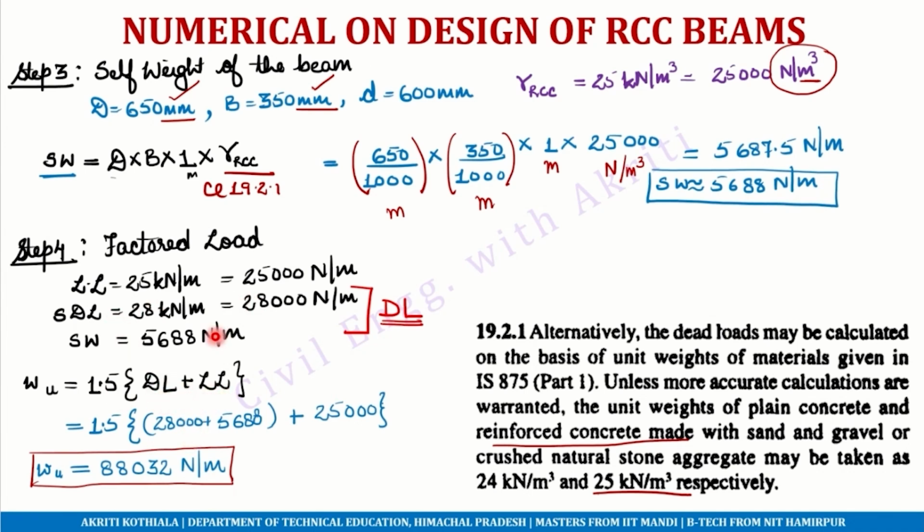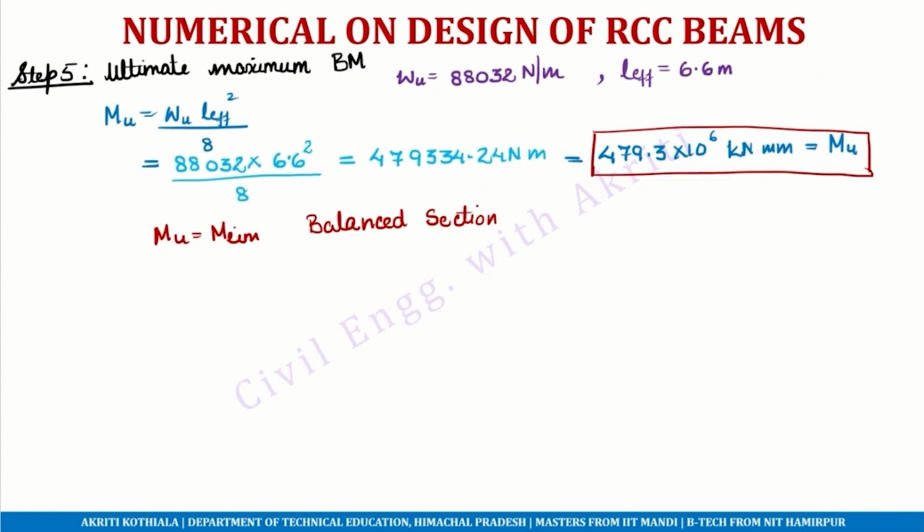So dead load is equal to 28,000 plus 5,688, that is the superimposed dead load plus self weight. That is the total dead load, and live load is 25,000. So this calculates to be equal to 88,032 newton per meter. So this is the factored UDL which will be acting on the beam.